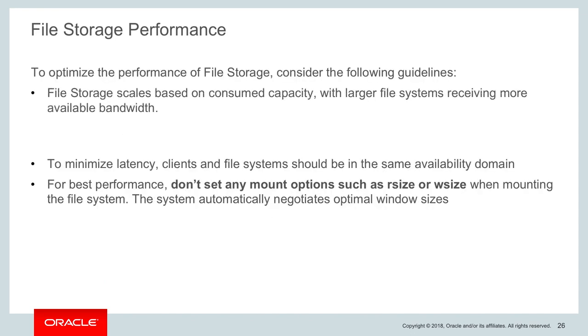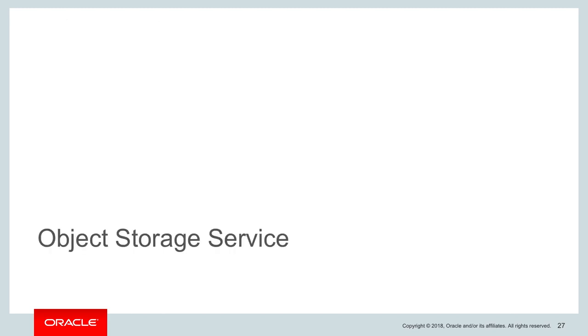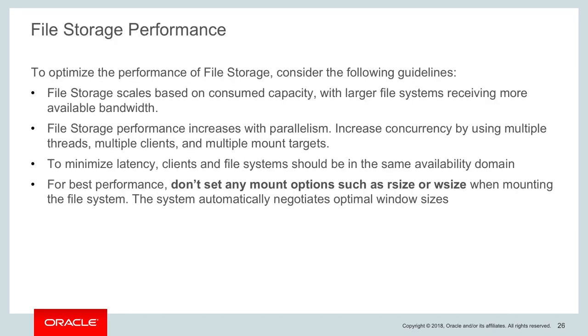All right. So to optimize the performance of file storage, you should consider some of the guidelines here, right? File storage is scaled based on consumed capacity, with larger file systems receiving more available bandwidth. Like I said, multiple mount targets can help with that, along with the VM shape that you're actually using as well.